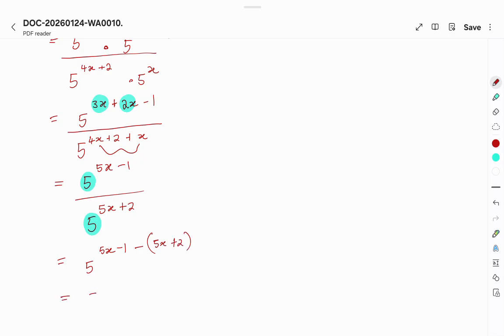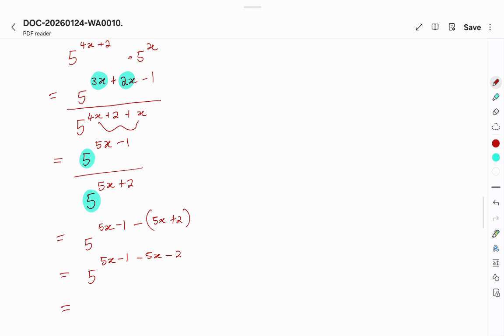Then at the end, that is going to be 5 of 5x minus 1 minus 5x minus the 2. So that at the end, we have those two cancelling each other. Then we have 5 to the power of negative 3, and that one is going to be 1 over 5 to the power of 3, and that is going to be equal to 1 over 125.